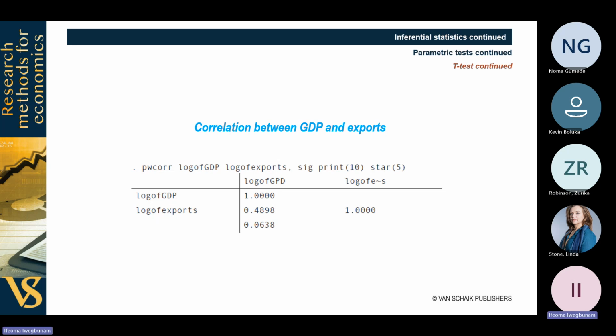So this is correlation. This result shows the correlation result between GDP and exports. Looking at a sample here, we can see that there is also a positive correlation between the two variables.